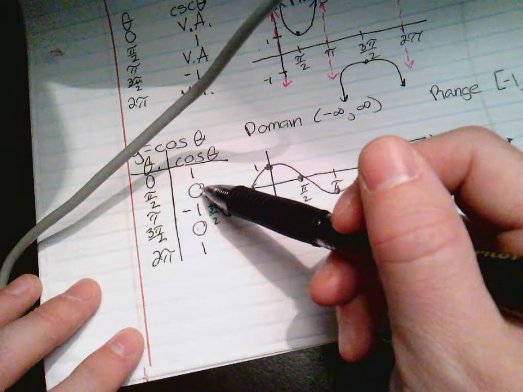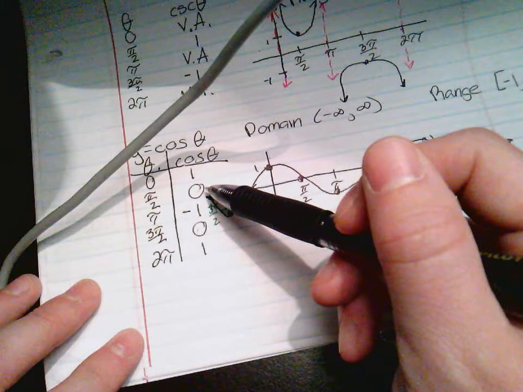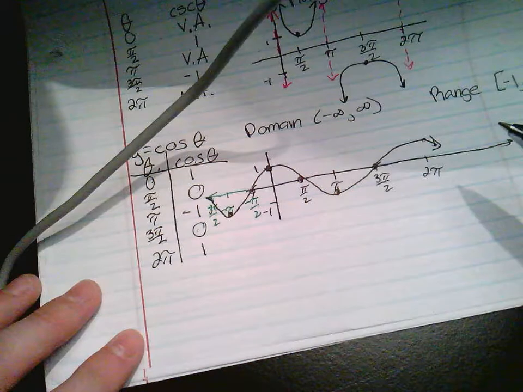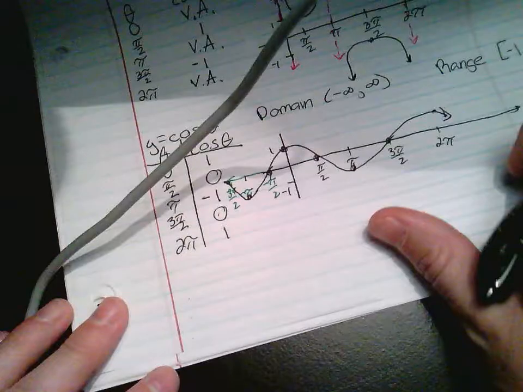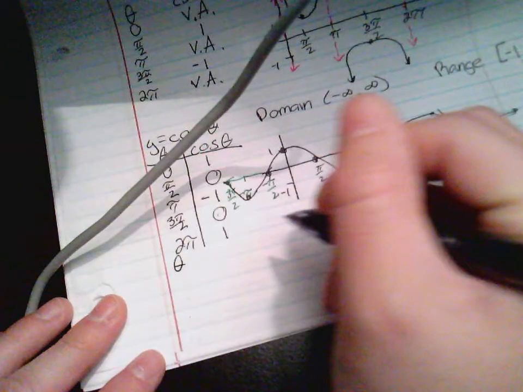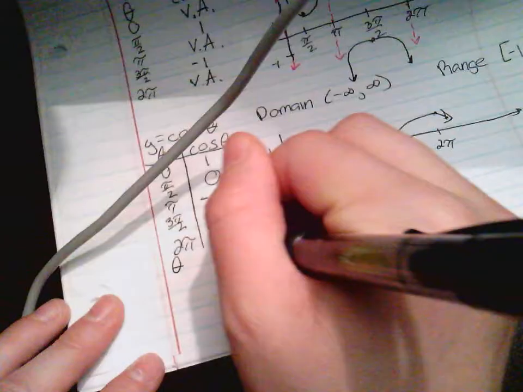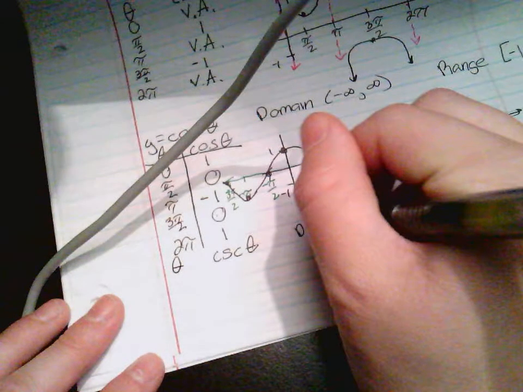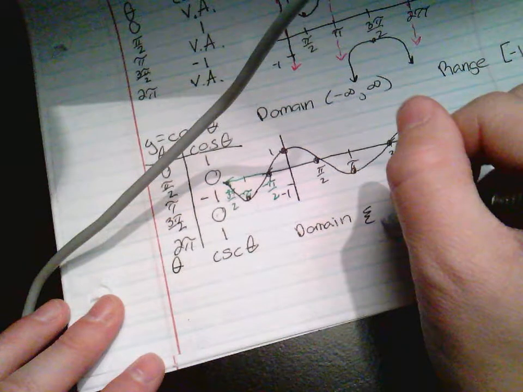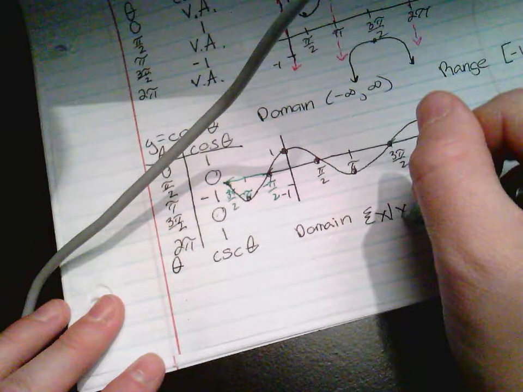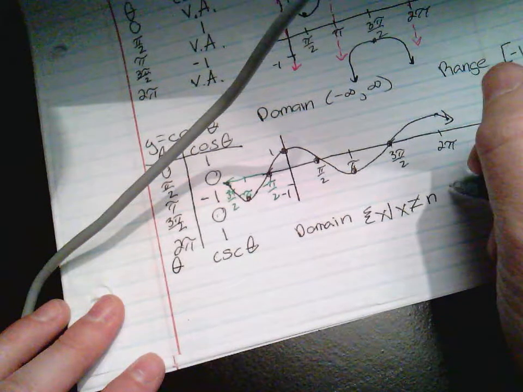Okay, so we have theta, and then we have secant theta. So my domain in set notation is going to be all x such that x can't equal an odd number times pi over 2.